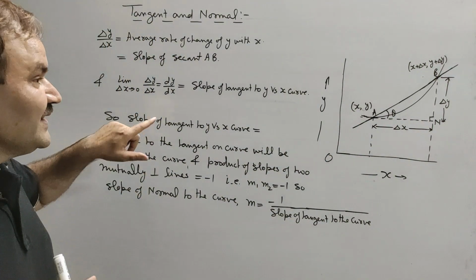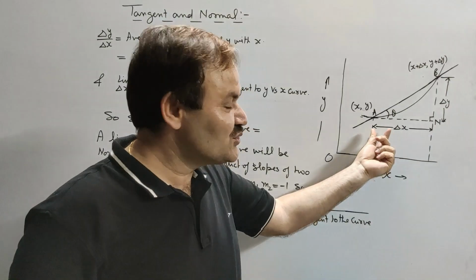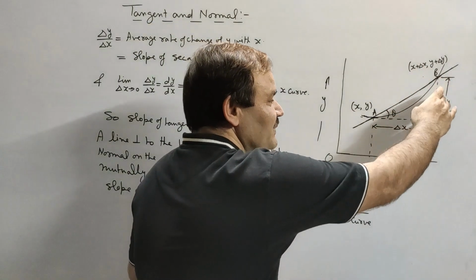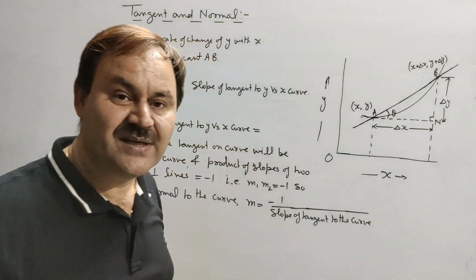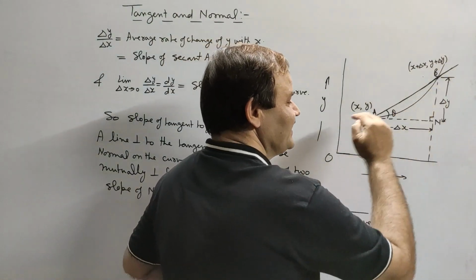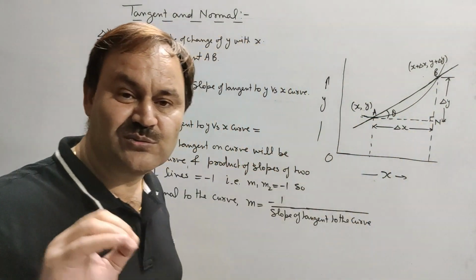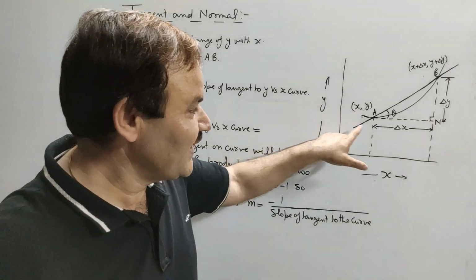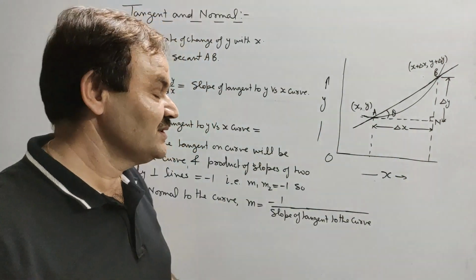Also, if delta x approaches 0, then point B will approach A. Hence, this secant will approach the tangent to y versus x curve.